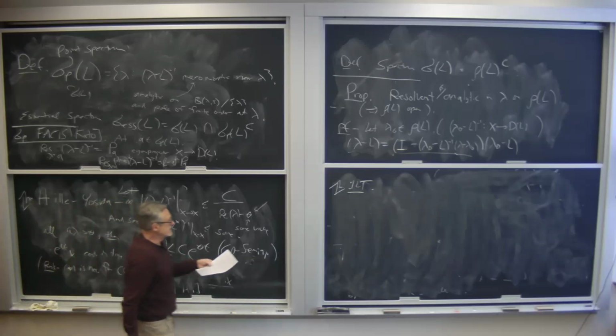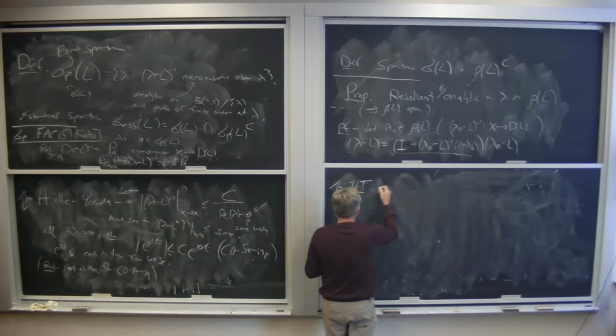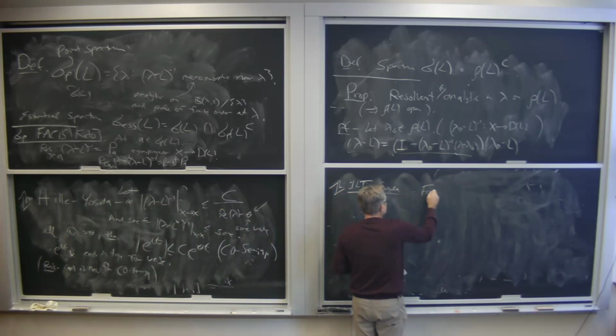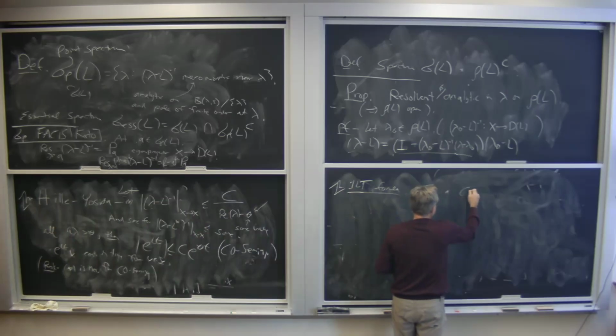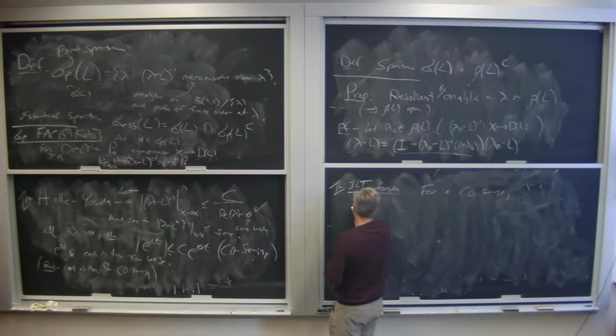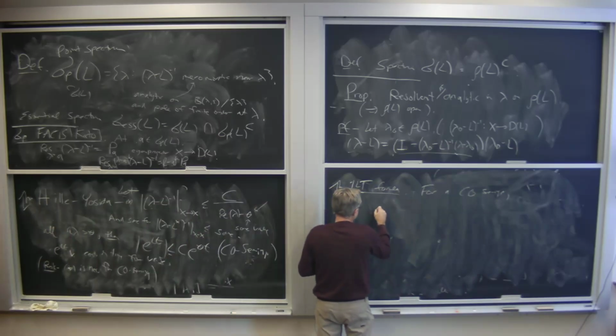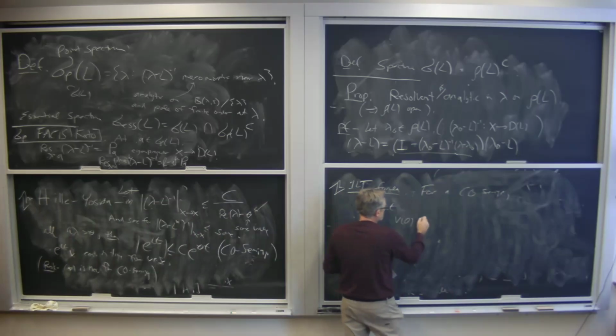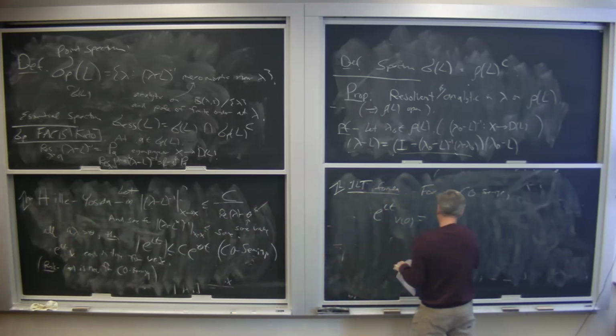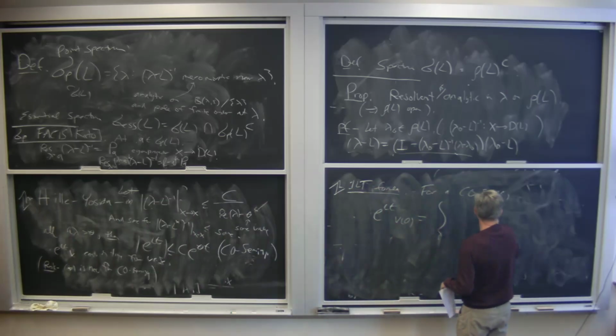Okay, next one is the inverse Laplace transform formula. And this says for a C0 semigroup, e to the Lt v of 0 is equal to the formula that we've just been deriving.